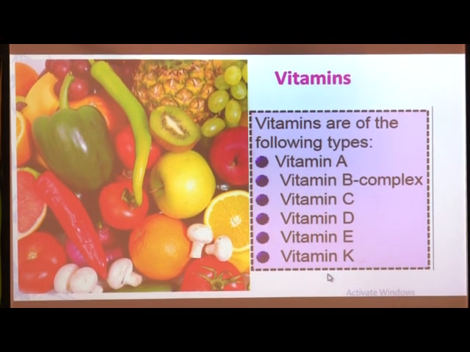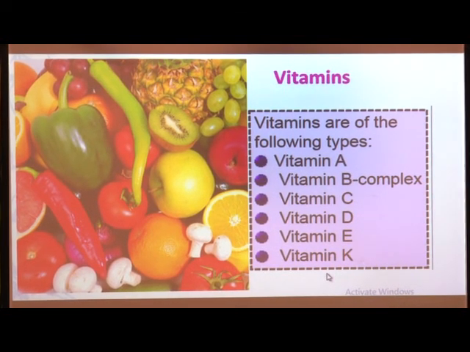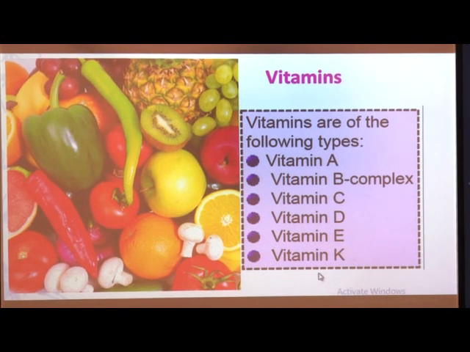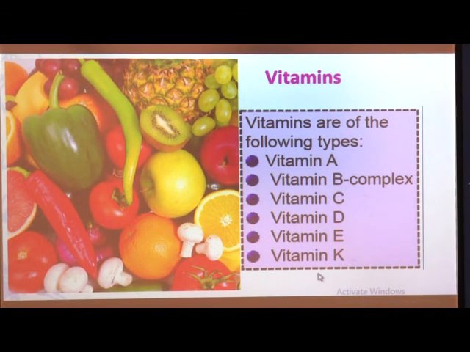Shortage or lack of vitamins in our food may lead to illness. If we eat a less amount of vitamins, we may be deficient in them and it may lead to illness. So, we need to take the exact amount of vitamins that is required for our body.